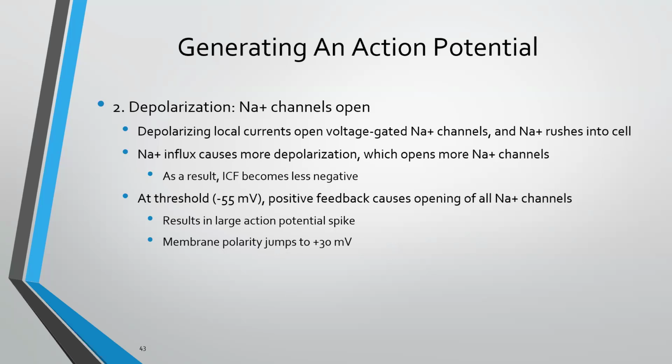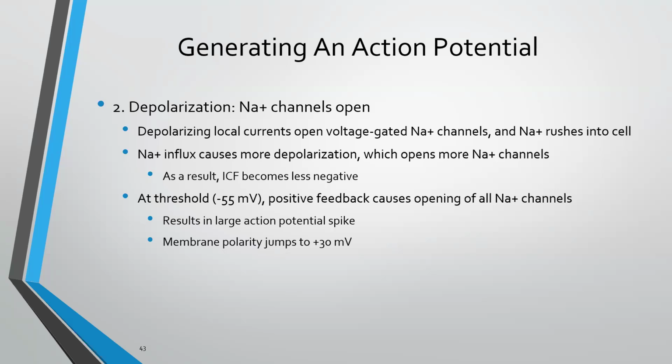So the depolarizing local currents open voltage-gated sodium channels. The sodium rushes into the cell. Then the sodium causes more depolarization, which opens even more sodium channels, which allows more sodium in, and it just has this chain reaction all the way down the axon.